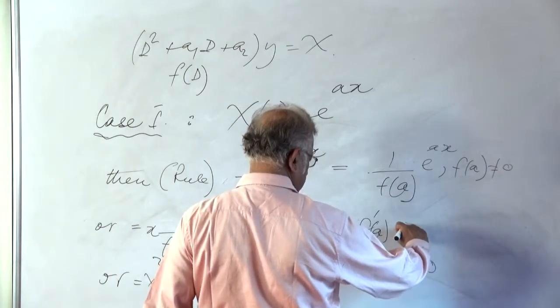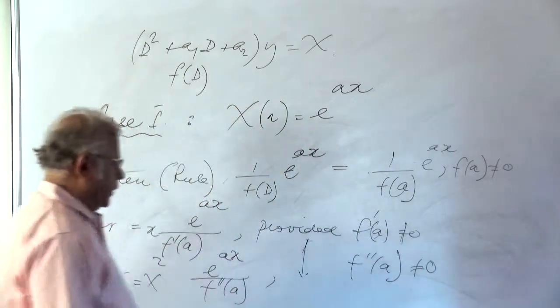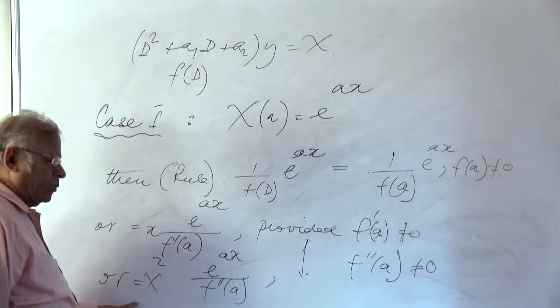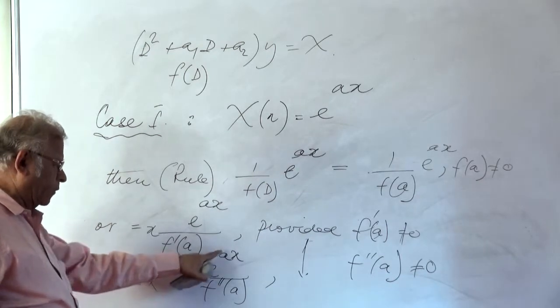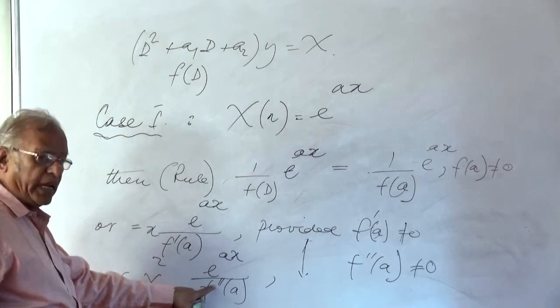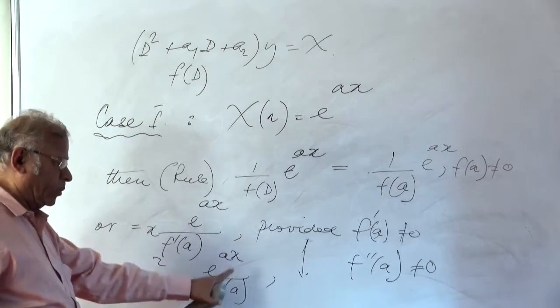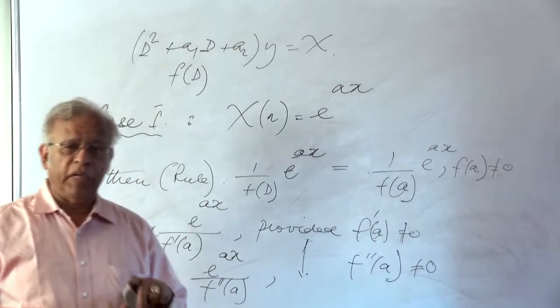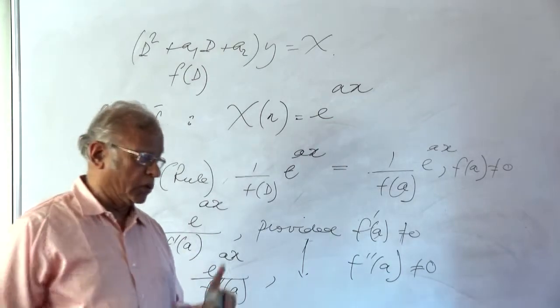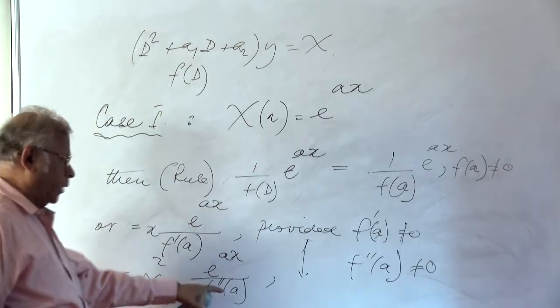So this continues. In fact, you can go up to x to the power of n e to the power of ax over f n primes a, provided that the nth derivative of f at a does not vanish.